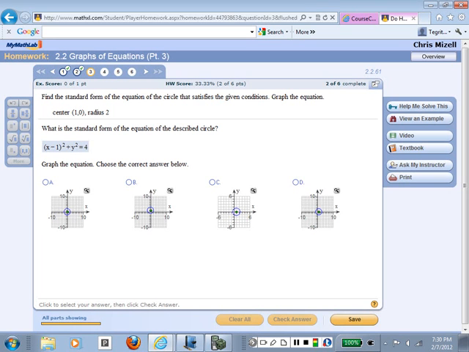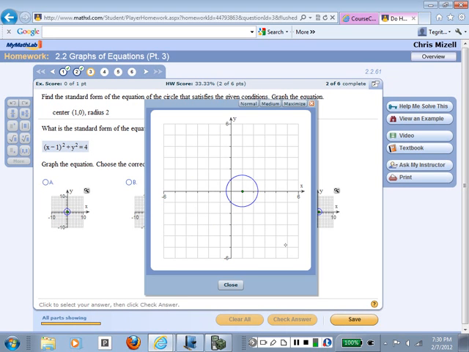So if we just find the one that has 1, 0 as the center, is there more than one that has 1, 0 as the center? Possibly. What about this one? That has 1, 0 as the center. What is the radius length of this circle? 4. Or no, 2. It looks like it might be 1.4 something.